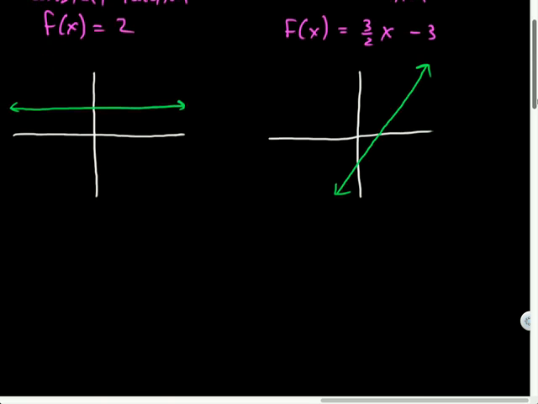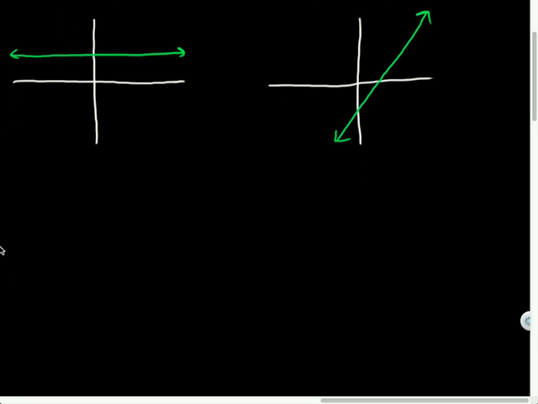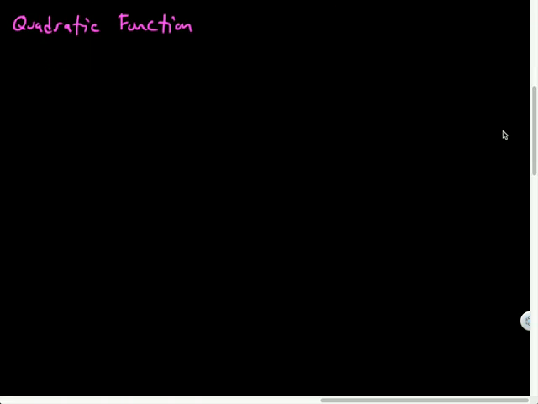Let's see. I'm going to leave a little bit of space, and we'll talk about a quadratic function, which we are all masters of. So if I have a quadratic function, let's say I've got something to the effect of f of x equals x squared plus 2x minus 3.